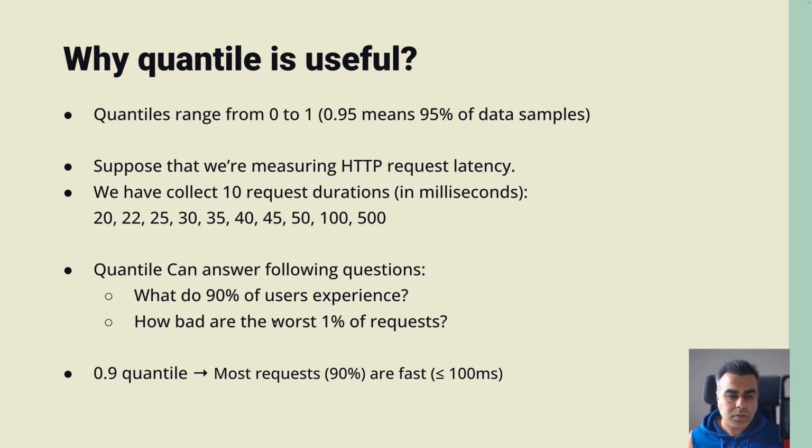For this case, for instance, if we say 0.9 quantile, it means 90% of observations, and for this case means that 90% of our users are experiencing a request duration less than 100 milliseconds, and that's why the quantile is important.